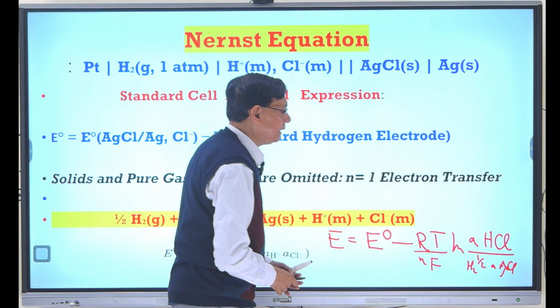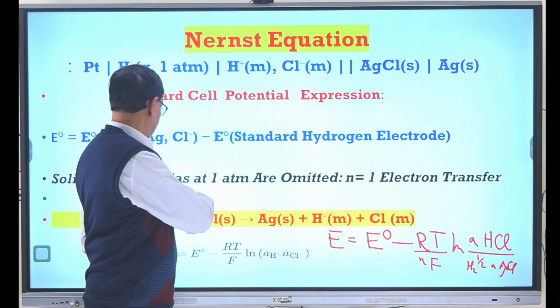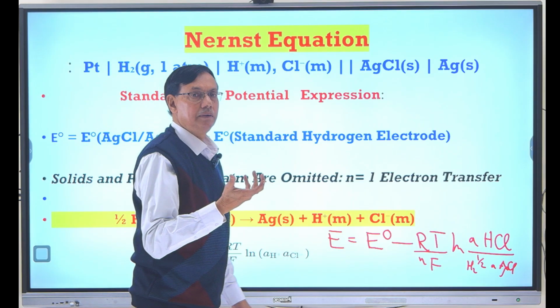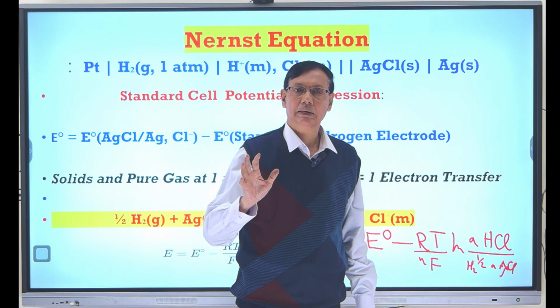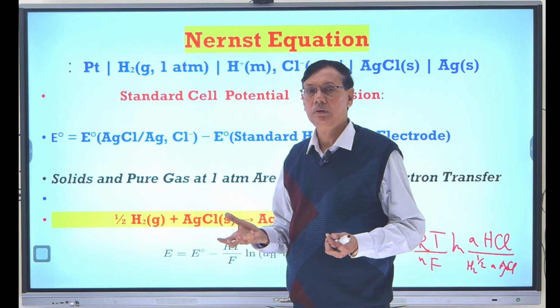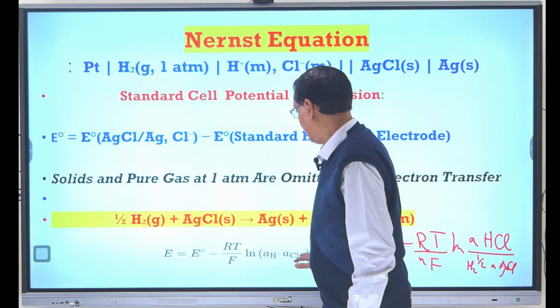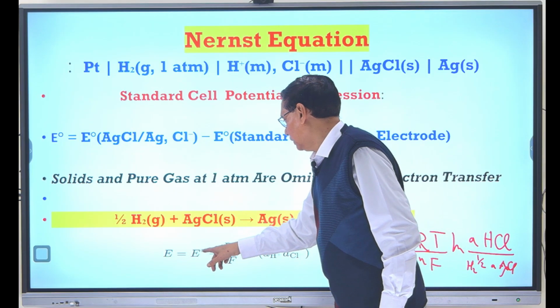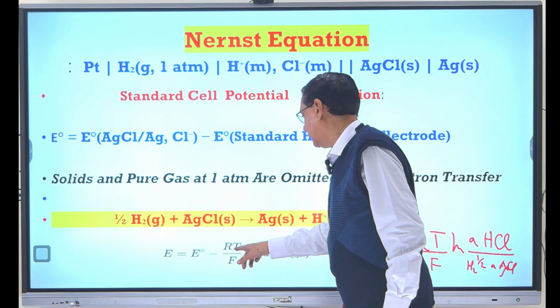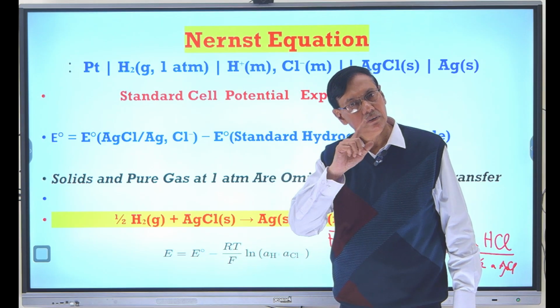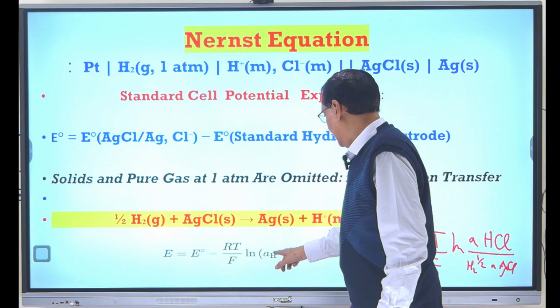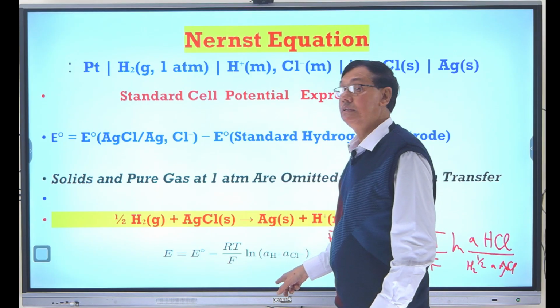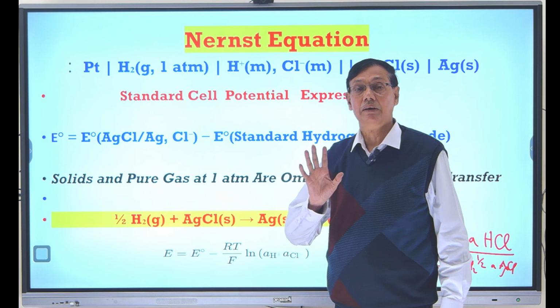But why am I omitting all these things? Because hydrogen is a gas, so we are not considering it, and silver chloride is a solid, so we are not considering it. So the formula we get is E equals E0 minus RT, n equal to 1, number of electrons exchanged is 1, and the activity of HCl. That is what I am getting.